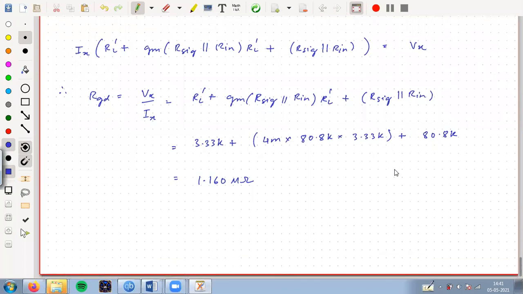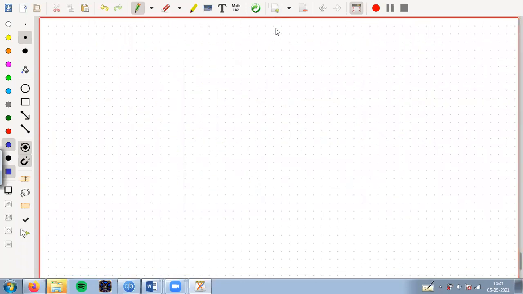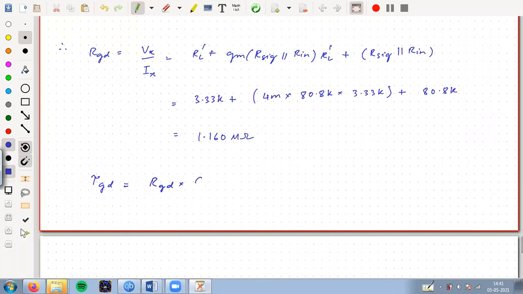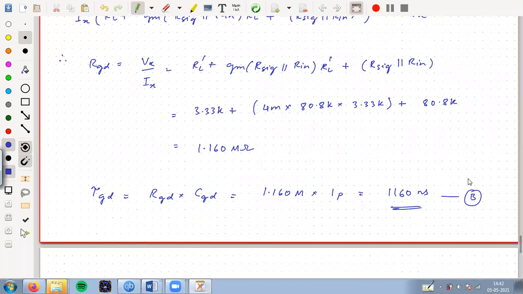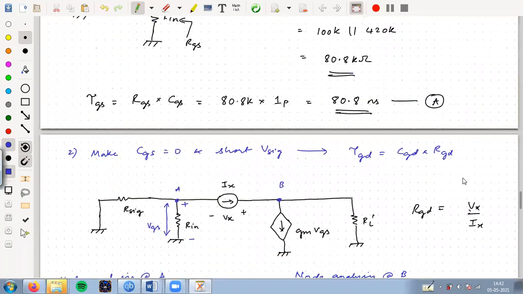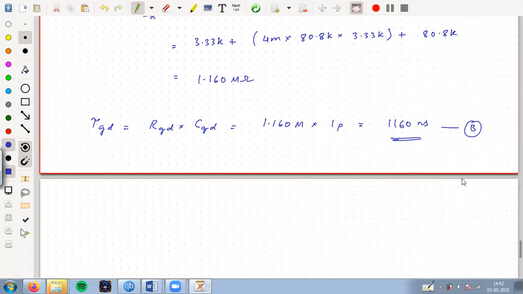So RGD I know, and from this I can find tau GD. Tau GD is RGD into CGD, so 1.160 mega into 1 picofarad, that is 1160 nanoseconds. So this is B. A we got earlier as 80.8 nanoseconds, and B we got as 1160 nanoseconds.